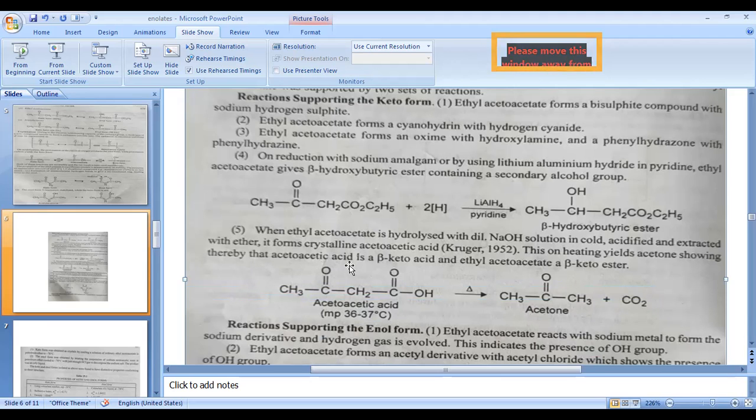So acetoacetic acid is a beta keto acid. The formation of acetone suggests that it is a beta keto acid, and the compound from which it is derived is a beta keto ester.